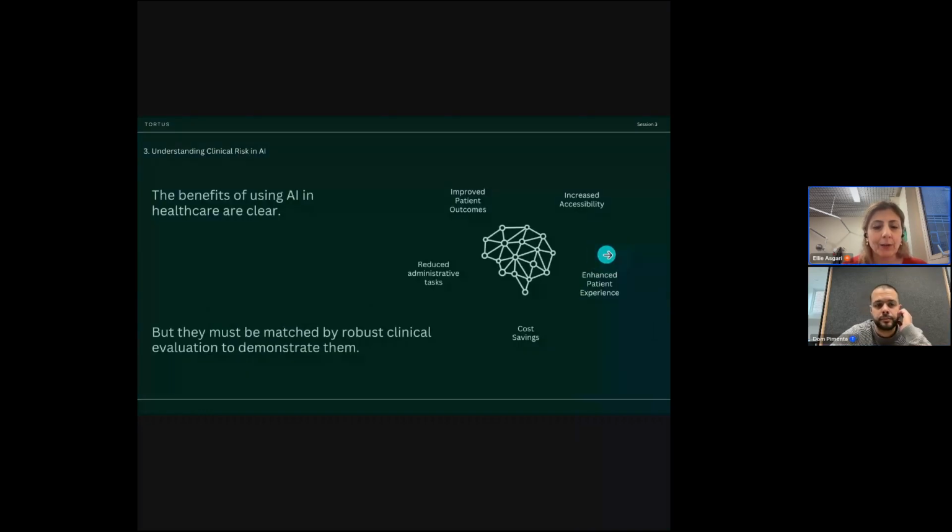I think people who have joined this meeting today probably do know that there are lots of benefits in using AI. There's a huge amount of promise in using AI to improve patient outcomes by improving decision making, diagnosis and treatment plans, increase accessibility by using remote monitoring, and enhancing patient experience.